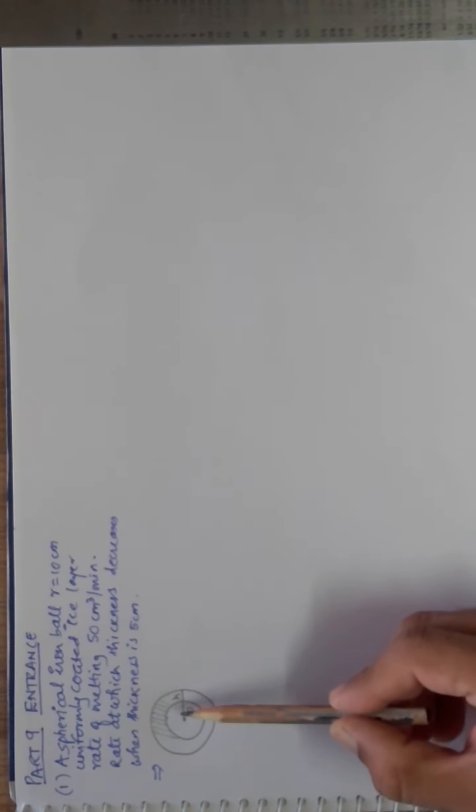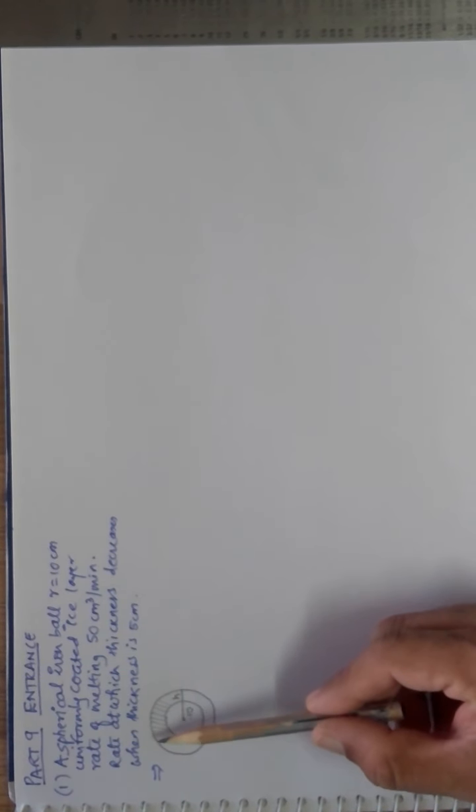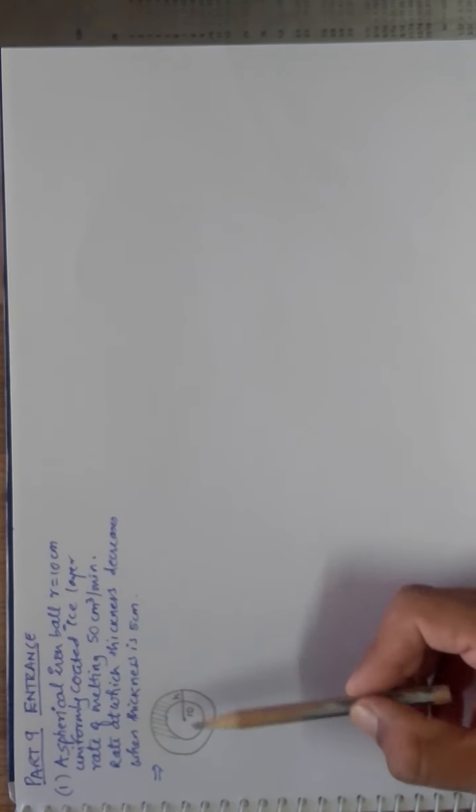If I see, the iron ball is nothing but a sphere. For better understanding I will just draw it. Now when you refer to the figure, this is your iron ball, agreed, and this is the ice which is of uniform thickness.